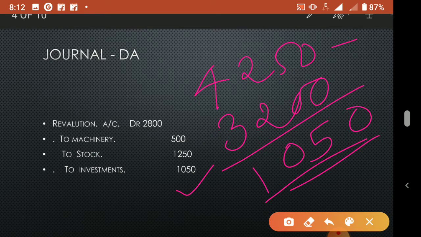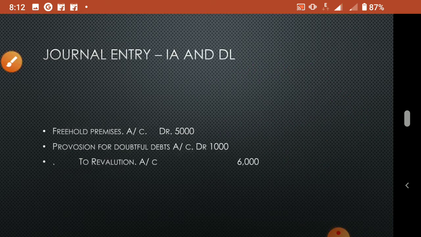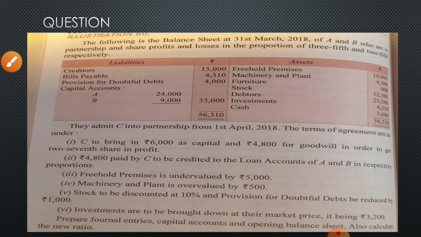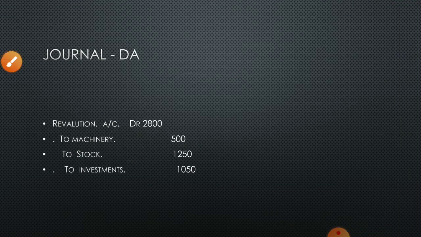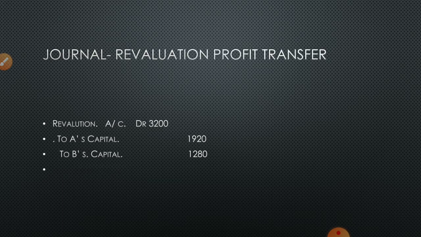So these two journal entries I passed are for the preparation of the revaluation account. So revaluation items are over: increase in asset, decrease in liability, and decrease in asset. Understood? When you pass them, you can make a journal format and write them together. No need to do it like this.